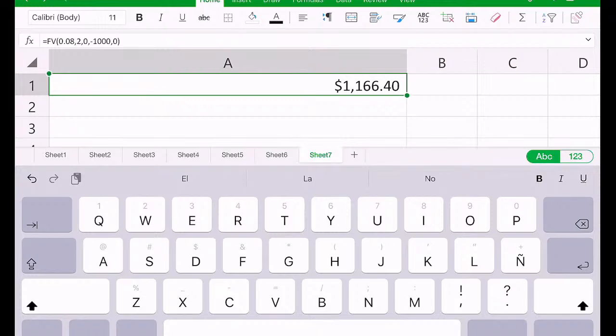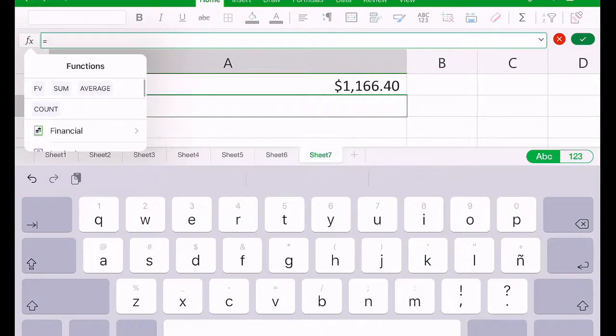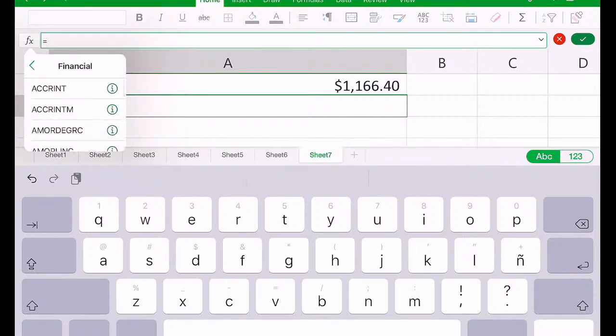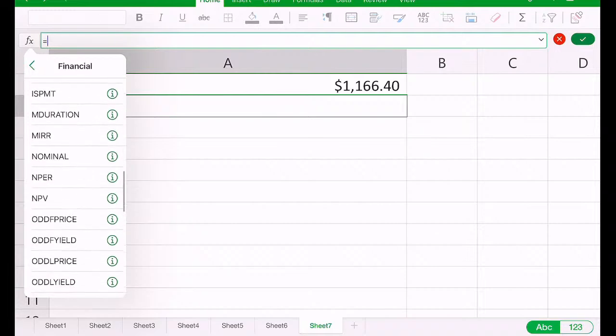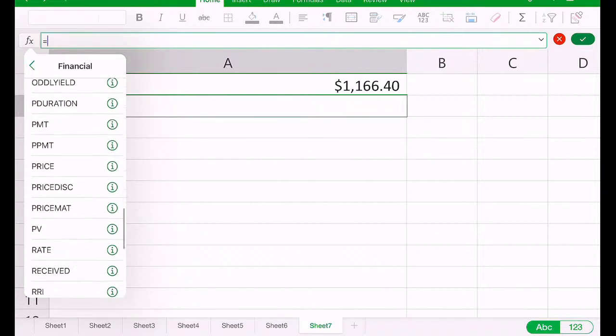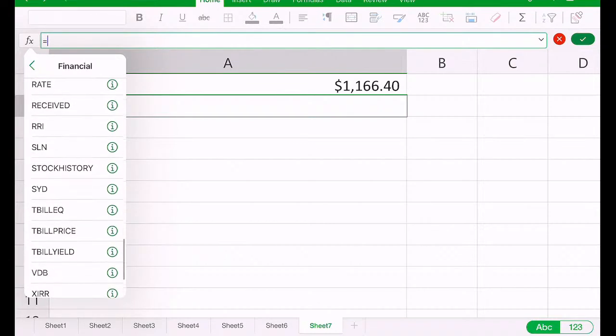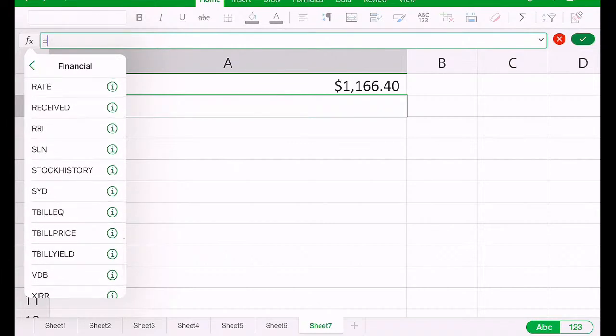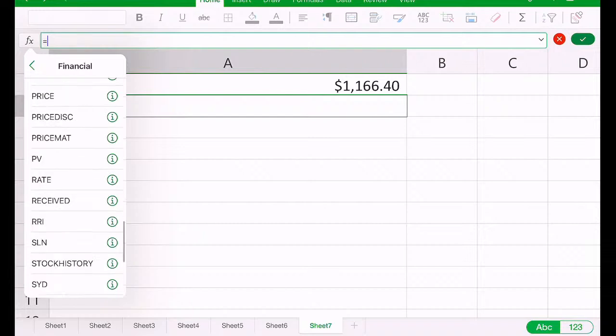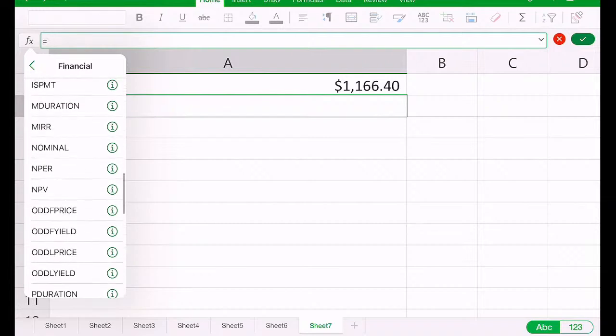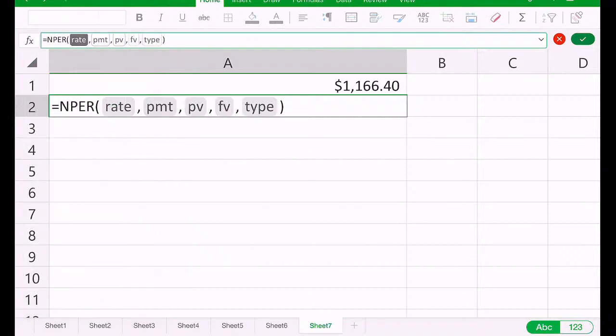The other functions that are there include PV for finding the present value, you have a rate to find the interest rate, and you have a number of periods to find the number of periods.